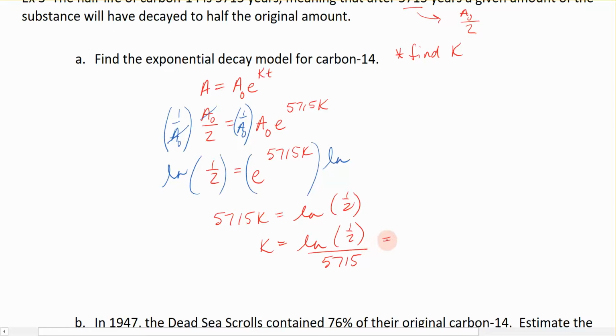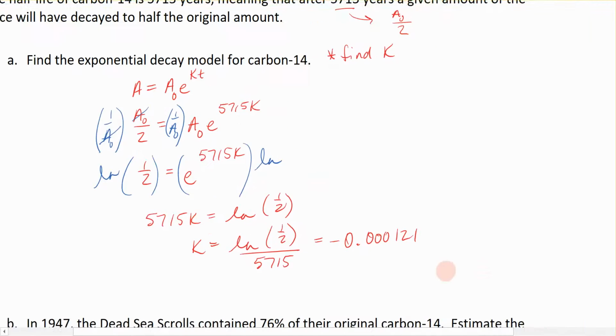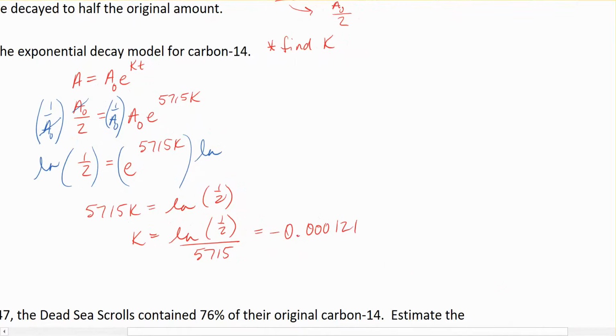Now I've done this in the calculator already for you a couple of times, so I'm just going to show you that when you do that, you should get negative 0.000121, and that is the k, or the constant, for carbon-14. So what's the model going to look like then?